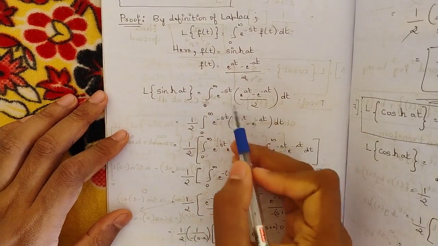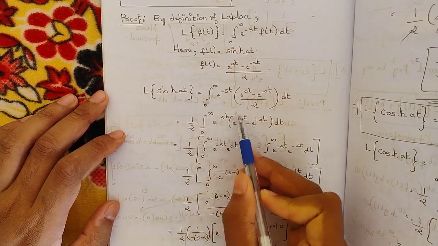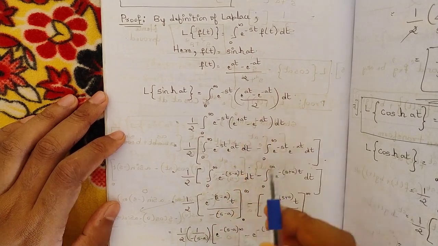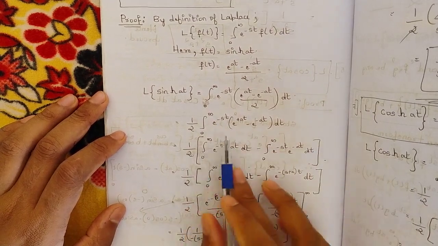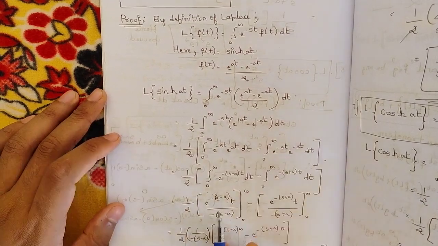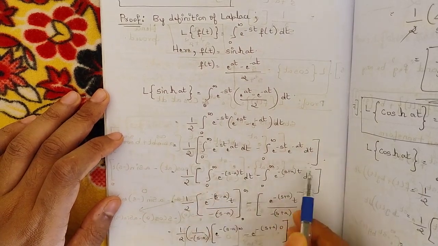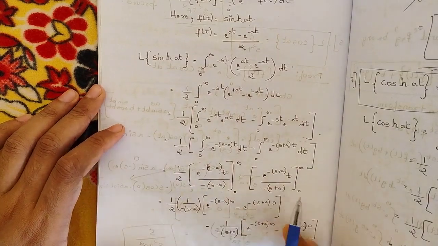So put it, and here we can see that 1 by 2 is common, so take it outside. We are left with e to the power minus st into e to the power at minus e to the power minus at into dt. Multiply these separately and split the integration, with the minus sign. Take the common term, add the powers in both the cases and do the separate integrations step by step. Observe how I have done it.